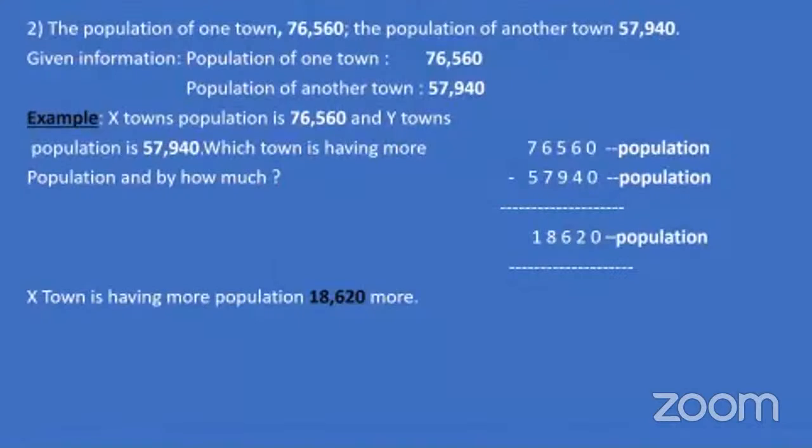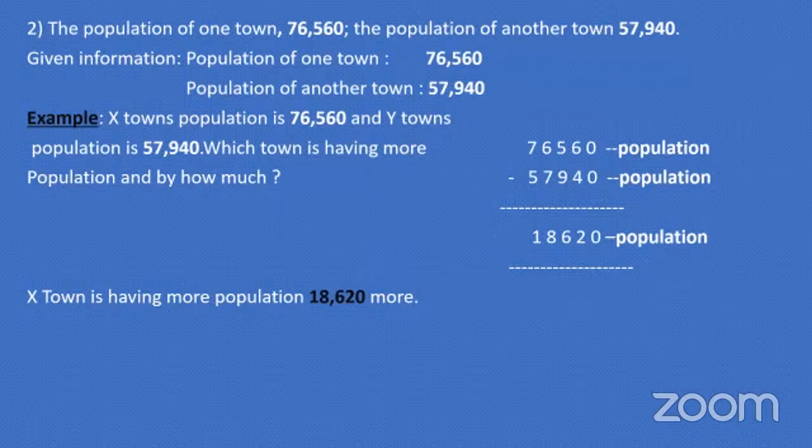The population of the other town is 57,940. Very nice. The information: population of one town is 76,560, and population of another town is 57,914. This information is given.